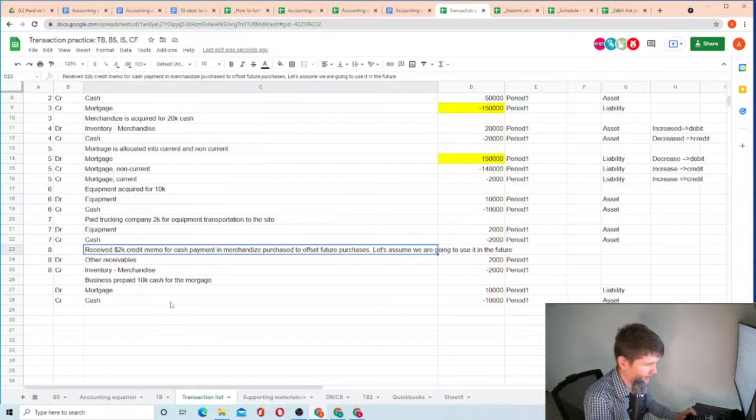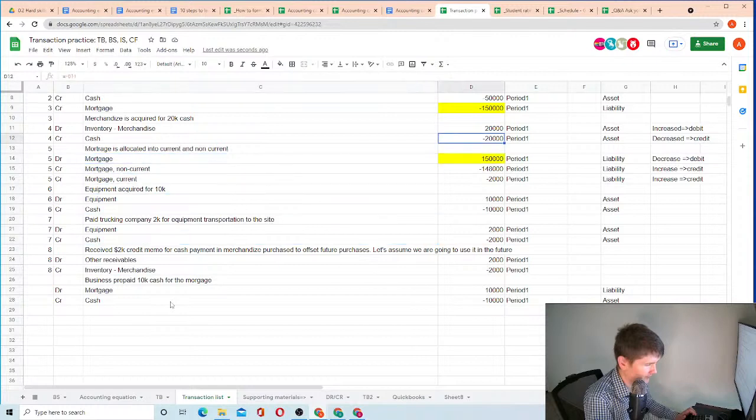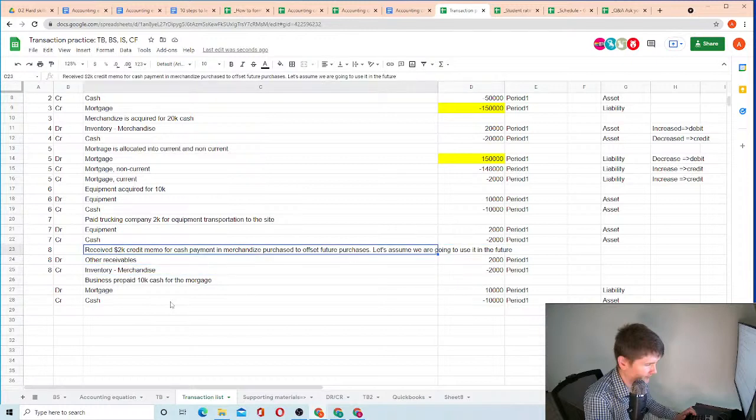Our supplier, the one who sold us $20,000 of inventory early in the year, decided to give us a credit memo for paying cash. A credit memo is like a discount for a future purchase. He says, okay, if you buy inventory from me next time, you will pay $2,000 less. What can we do with that credit memo?